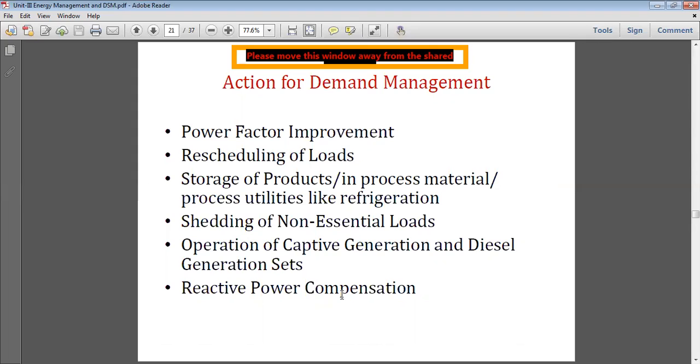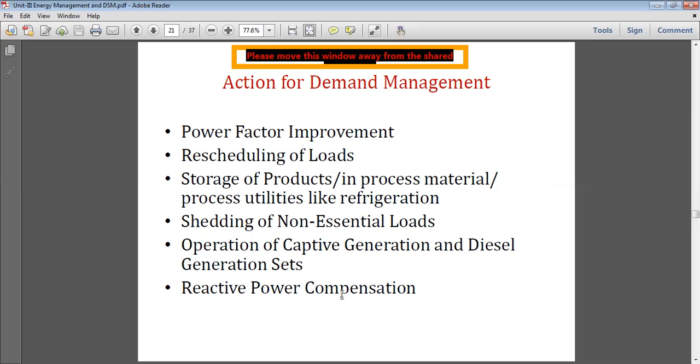In the exchange market, they keep the ACs on in the night time, and in the daytime they will switch off some of the ACs, because whatever stored cooled air is there is going to be utilized in the daytime. So in this way we can use the storage system.